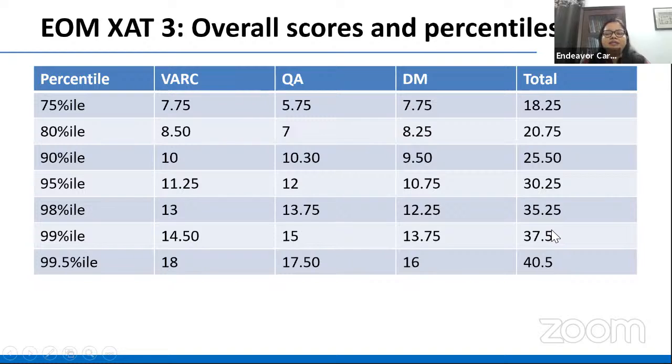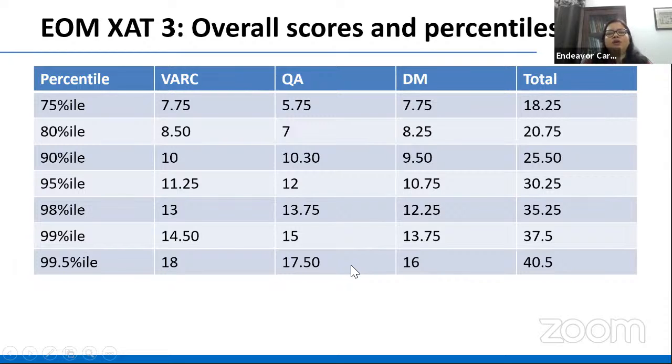An overall of 37.5 fetches you a 99 percentile, which is 14.50 in VARC, 15 in QA, and 13.75 in DM. An overall of 40.5 fetches you a 99.5 percentile, which is 18 in VARC, 17.50 in QA, and 16 in DM.